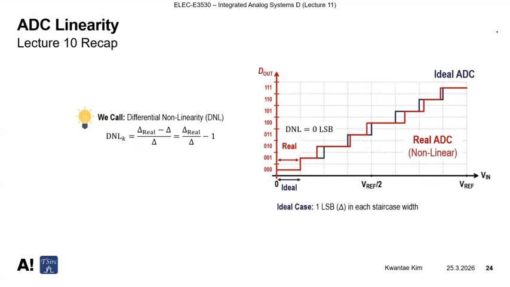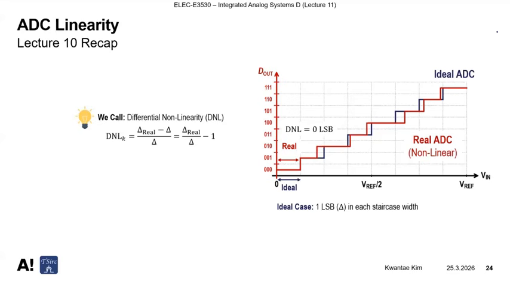And this is a recap of ADC linearity. In the previous lecture, I explained the concept in a correct way, but there was a mistake in the DNL equation. So this is the correct equation of DNL.